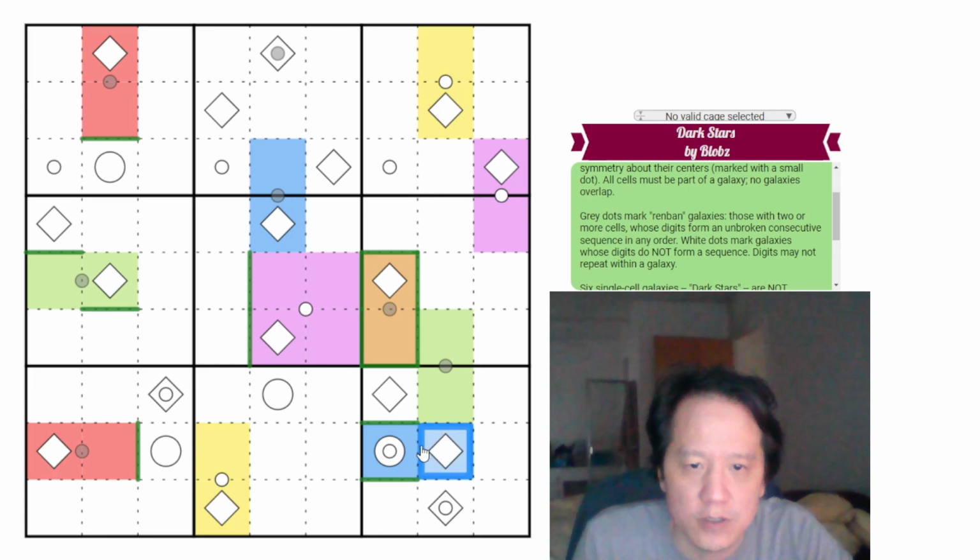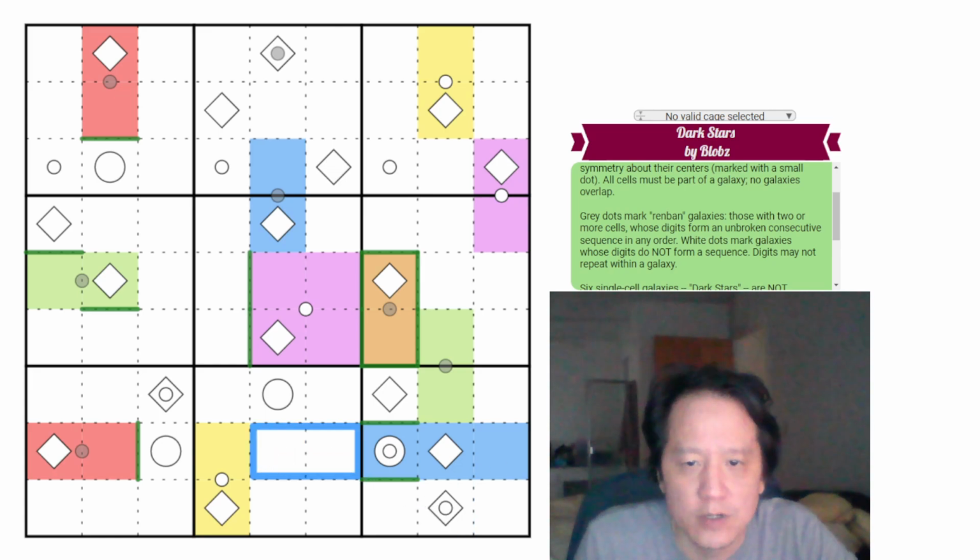That goes here, right? And it cannot go to green because that's a separate galaxy. And it cannot go down because that's a separate galaxy. So it has to go this way. So we know these two have to be part of the blue galaxy. And it cannot go down either. So these are locked.